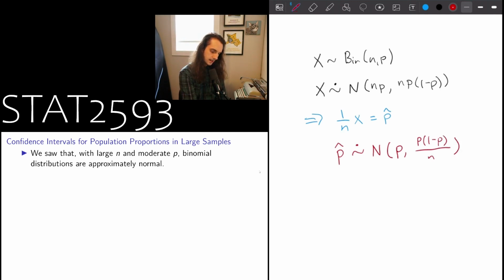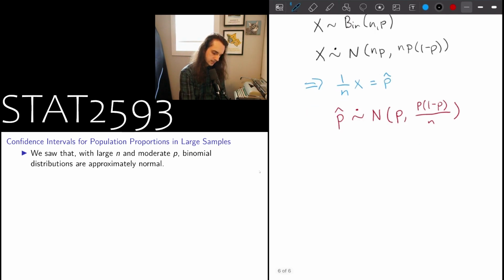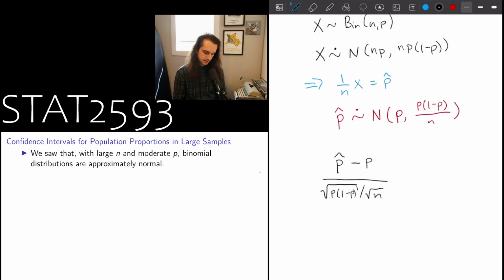So if we take p hat and standardize it exactly the way we standardized the sample mean, we take p hat minus p, divide by the standard deviation, which is the square root of p times 1 minus p divided by the square root of n, then this is approximately distributed as a normal 0, 1.